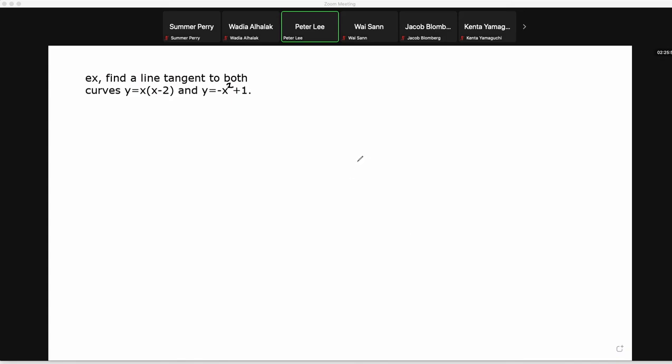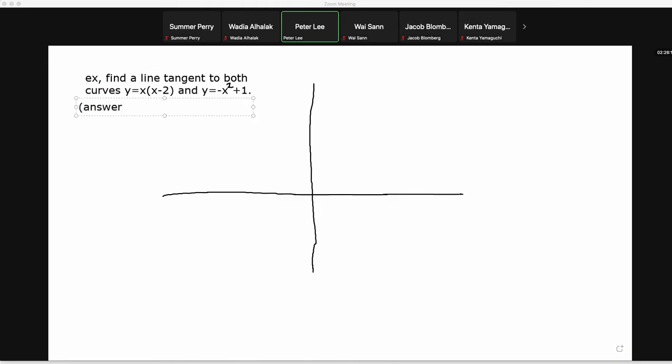So first of all, let me just draw the sketch here. Of course, you can always sketch a perfect graph on your graphing calculator. But here, the big point is to understand. By the way, this problem can be done without the use of a graphing calculator. If we do use a graphing calculator, the answer will not be accepted.